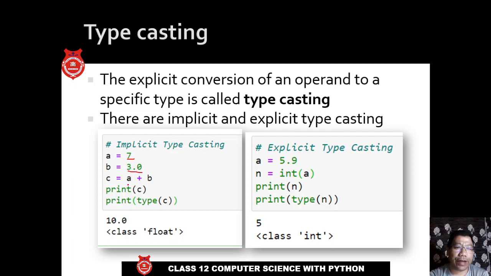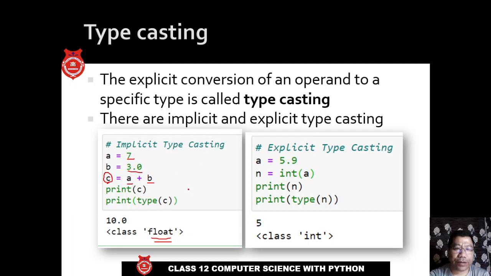So if I add a and b, 7 plus 3.0, it is a mix of integer and float. What will be the result? What will be the data type for c? It will become float. When we combine float and integer, it becomes float.